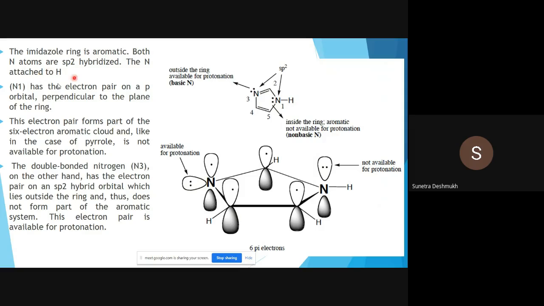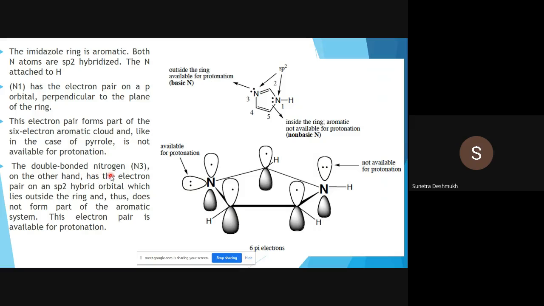Okay, the same information I have given. The imidazole ring is aromatic. Both nitrogens are sp2 hybridized. The nitrogen attached to hydrogen, N1, has the electron pair in a p orbital. Okay, so the electron pair is present in a p orbital perpendicular to the plane of the ring. This electron pair forms part of the 6 electron aromatic cloud and, like in the case of pyrrole, is not available for protonation.